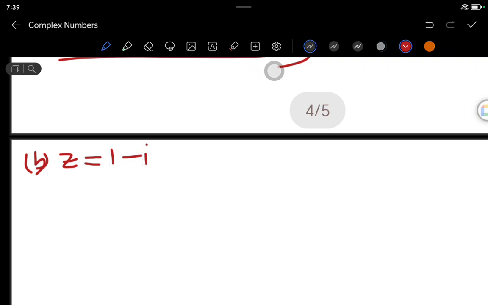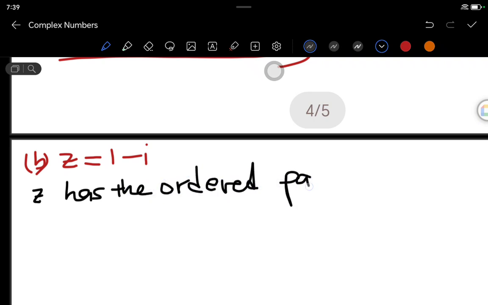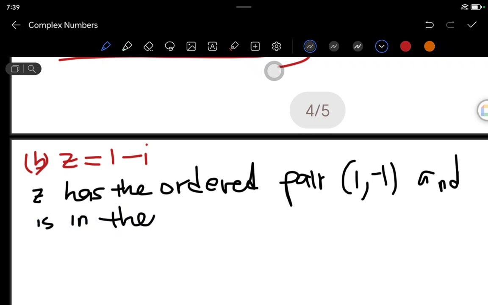And now what we have here is that Z has the form, or has the ordered pair, our ordered pair is 1 and minus 1. And in there, we check the quadrant.